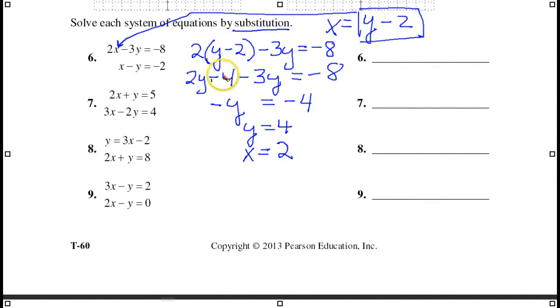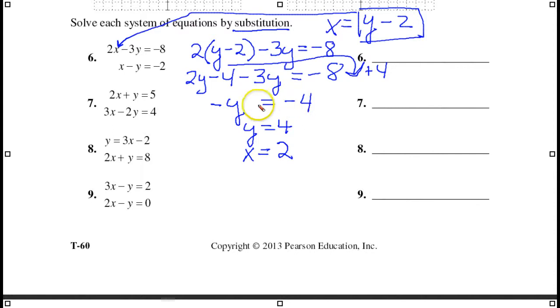We then clear our parentheses. 2y minus 4 minus 3y equals a negative 8. And then we're going to group like terms. 2y and a negative 3y gives me a negative y. I'm going to take this over to the other side. Becomes a positive 4. A negative 8 and a positive 4 gives me a negative 4. Now I have negative y equals negative 4.